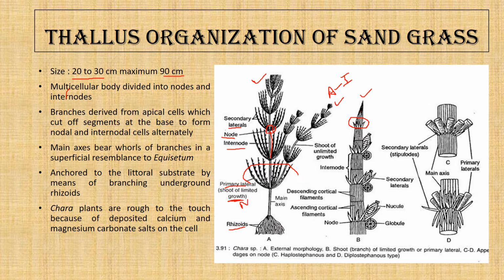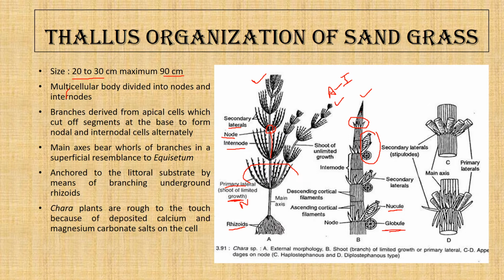Stipulodes are also called the secondary laterals. This is very difficult to see here, but in this picture it is very clearly shown that they are arranged at the nodes in a whorl structure. And at the axil of this stipulode, or secondary lateral, arise the sex organs.